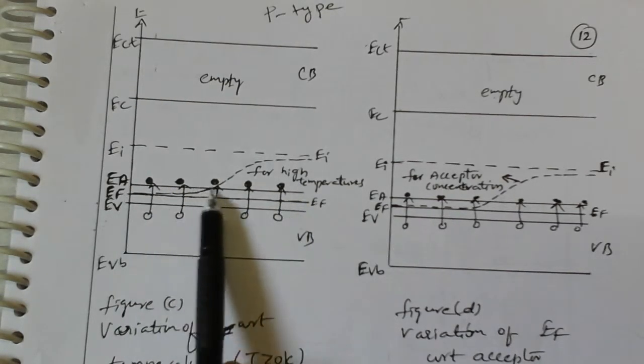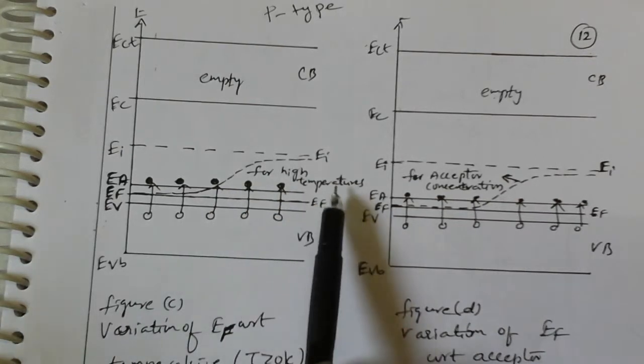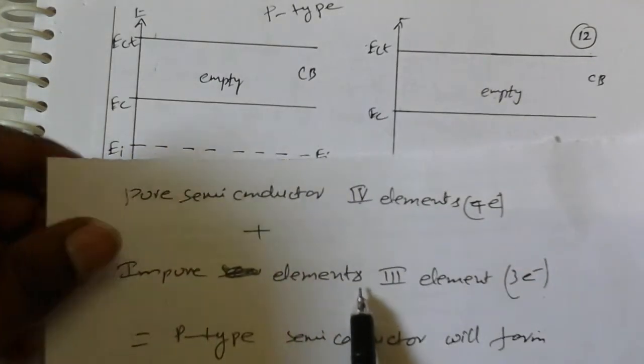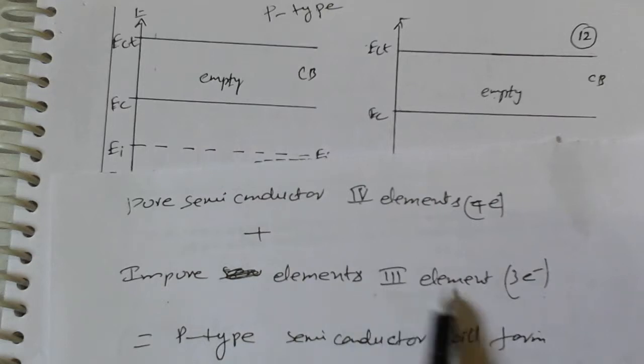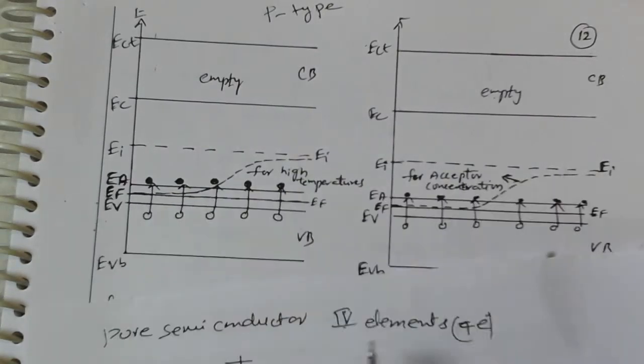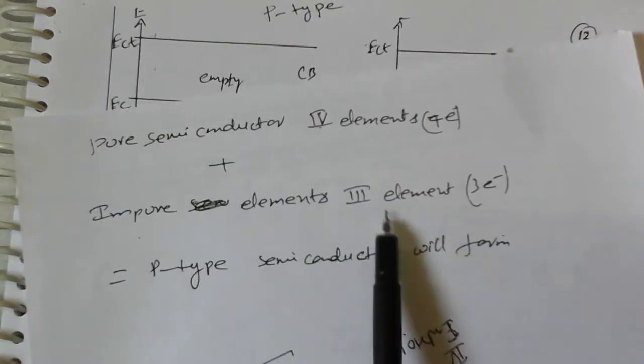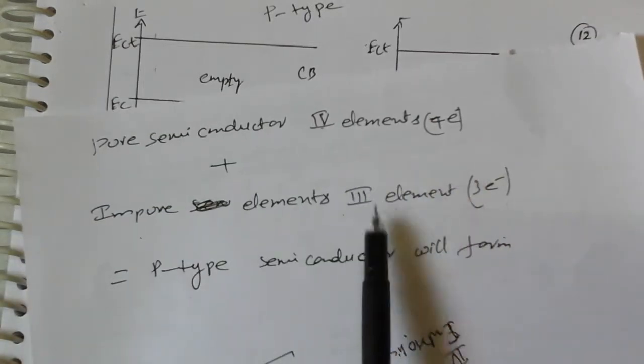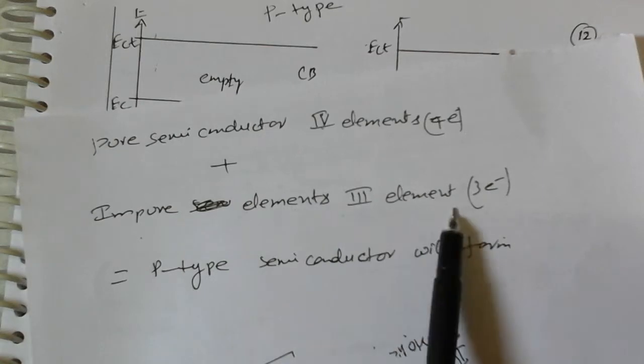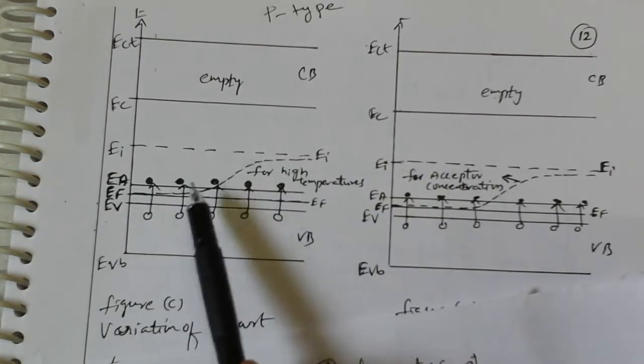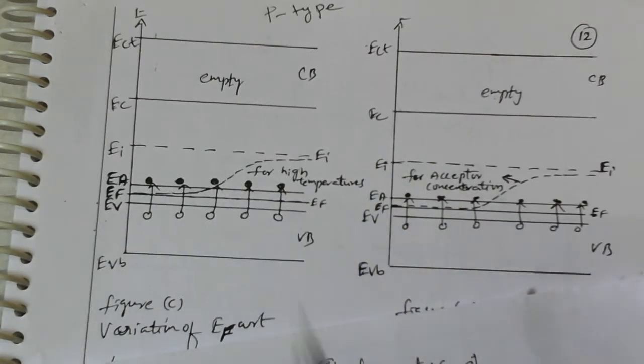This acceptor energy level is formed due to the third group elements mixing with the fourth group elements.